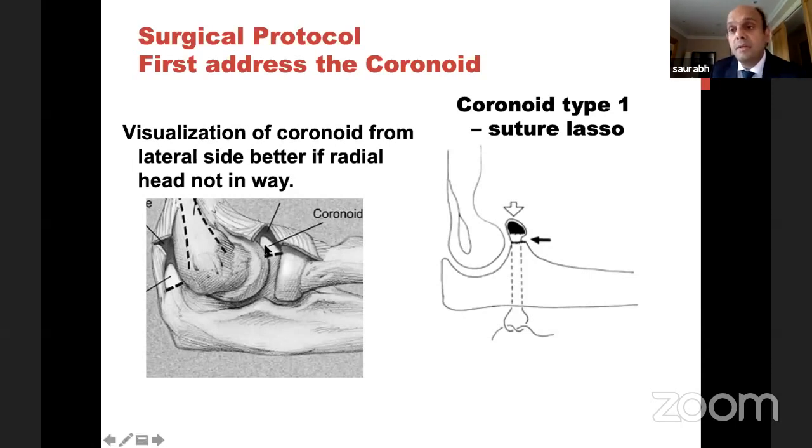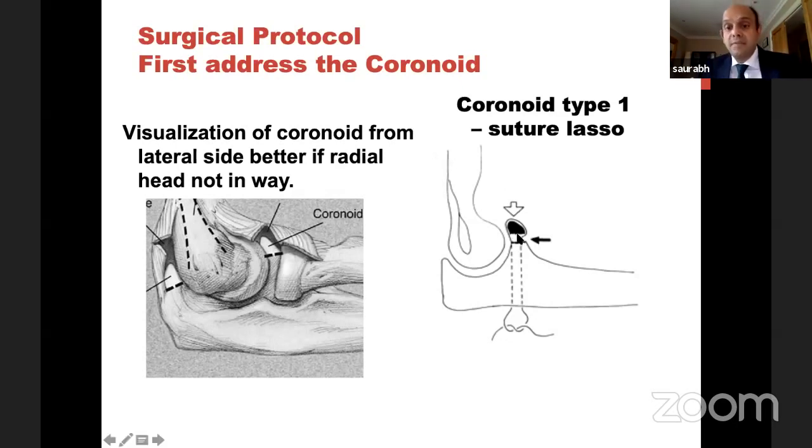I cannot fix the coronoid or capsule from the lateral side, from the lateral Kocher or EDC split approach. Remember that. In that case, I'll have to go medially. I'll have to do my ring approach to fix the coronoid or the capsule or both.